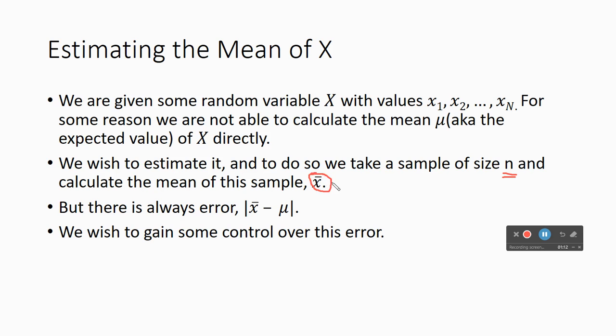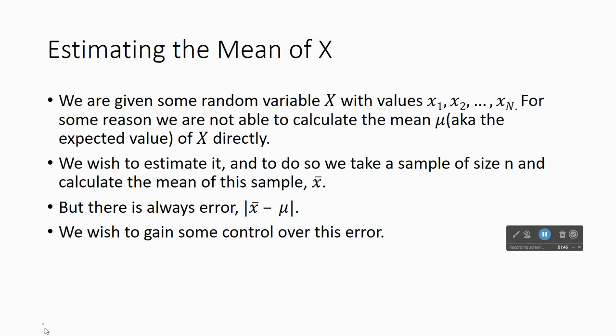Now, unless you are just horribly lucky, x bar will not be right. There is always error in it, but that error, x bar minus mu, is something that we want to gain control over. And we're working our way slowly towards that.